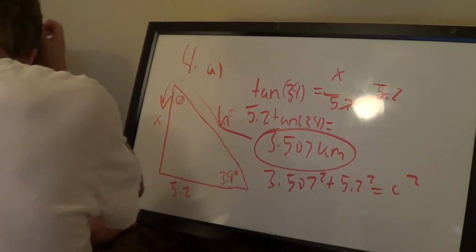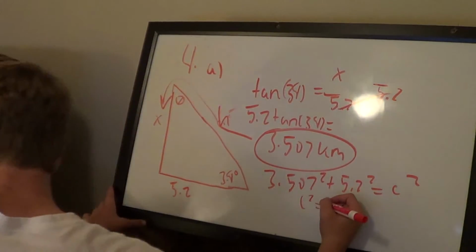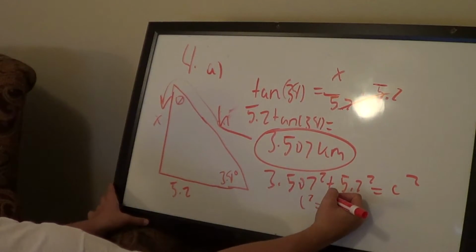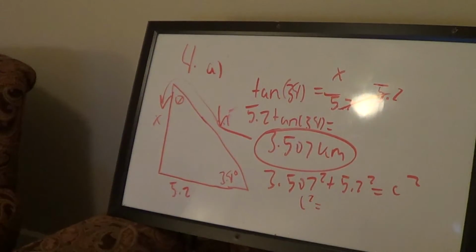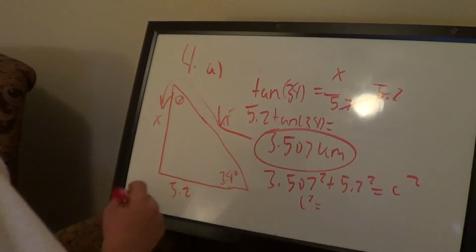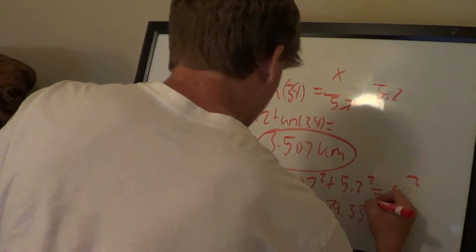That comes out to equal c squared equals 39.339.